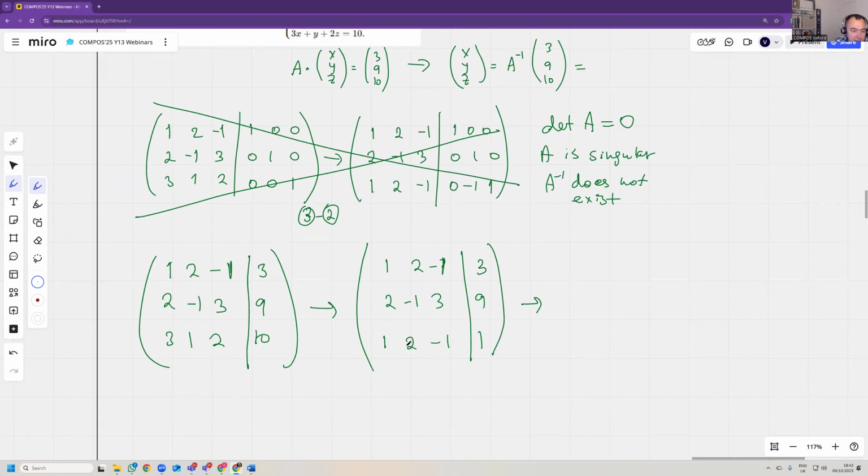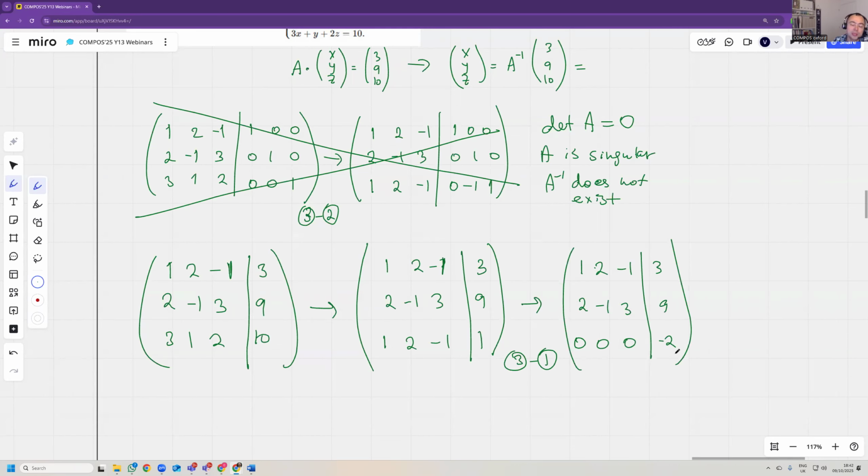1, 2, minus 1, 3. And then we do 3 minus 1, and we get 0, 0, 0, minus 2, and 1, 2, minus 1, 3, 2 minus 1, 3, 9.